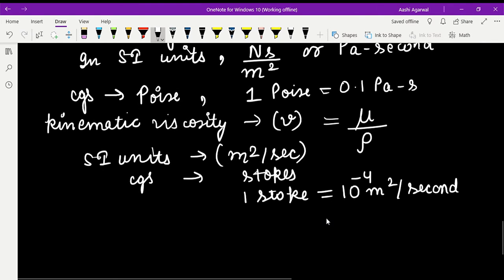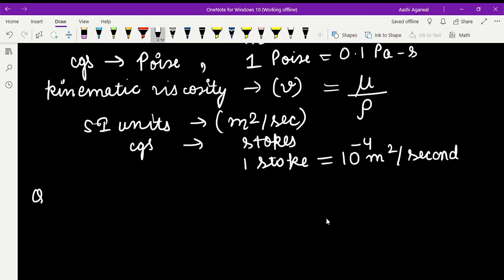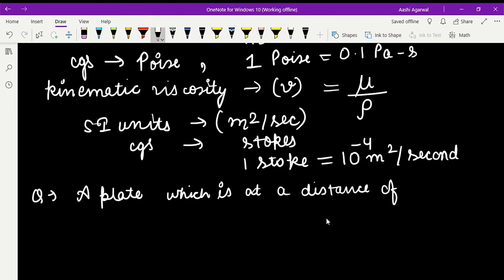Now here I'll give you one very simple problem, because our agenda is to discuss problems based on these properties. So quickly I'll give you the problem. There is a plate which is at a distance of 0.025 millimeter away from a fixed plate.